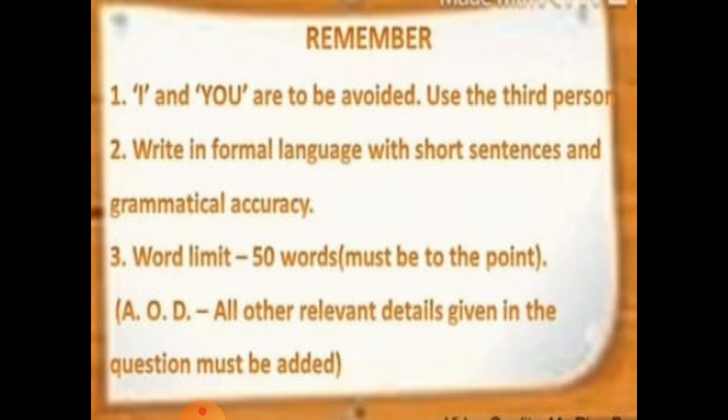Always we should use third person while we are writing notice. Write in formal language with short sentences and grammatical accuracy. It means language should be simple and it should be formal. Sentences should be short and they should be grammatically correct.